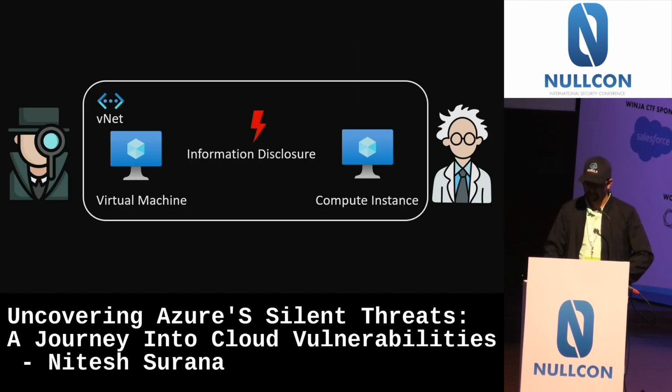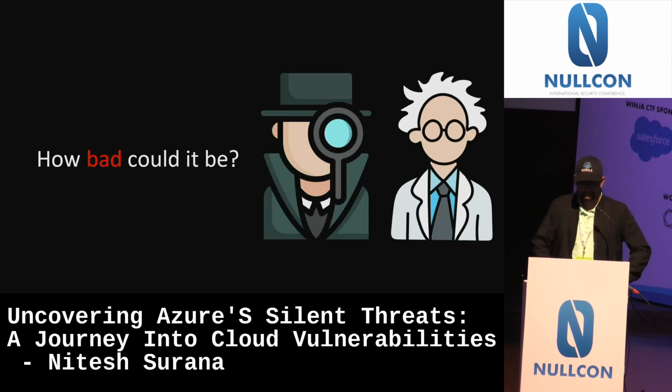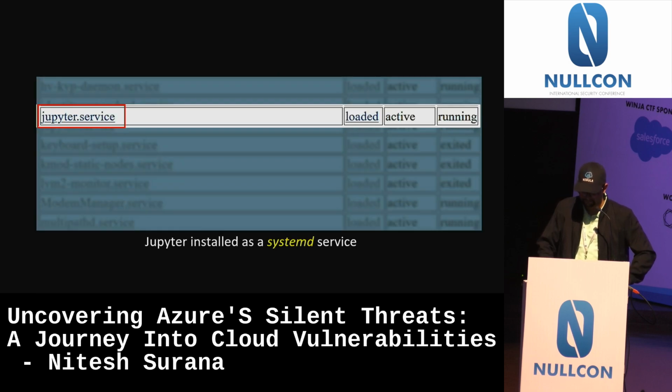So a network adjacent attacker could basically list the services installed, the status of each service, and the logs for the service, and this could aid them in performing some reconnaissance for proceeding with lateral movement once they are already in the environment, or in some similar scenarios. But how bad could it be? Just as an example of what could be exposed, here's a short little demo.